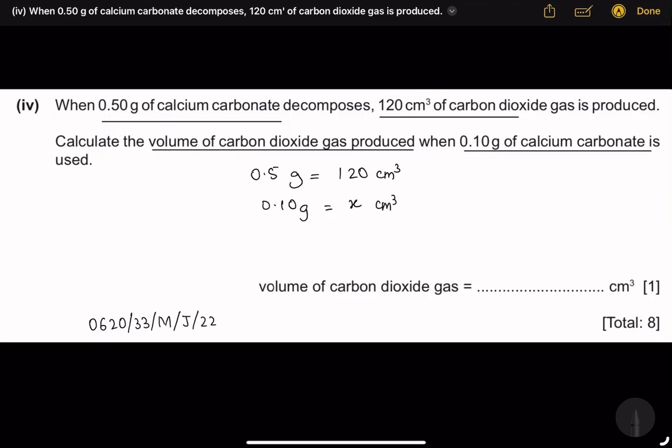Again, we'll do cross multiplication. So 120 times 0.1 divided by 0.5. That's going to be 24. So 24 cm cube of carbon dioxide is produced. Okay, and now we'll move to the next.